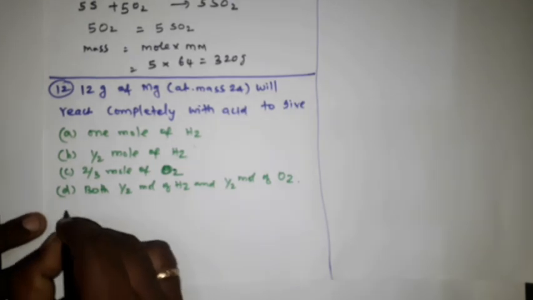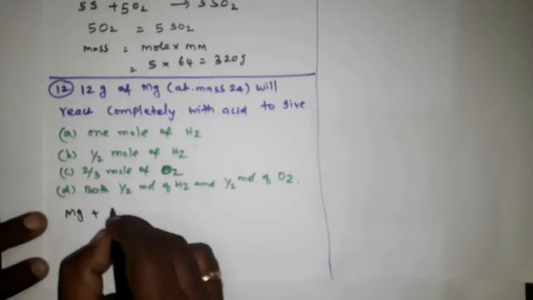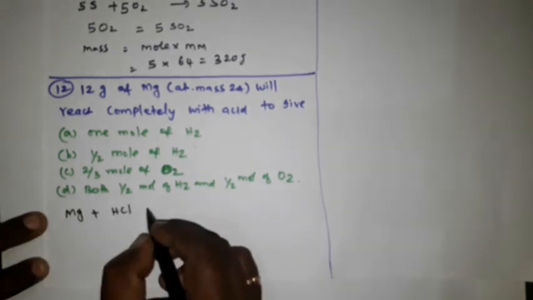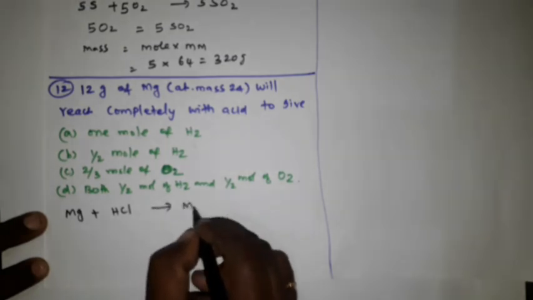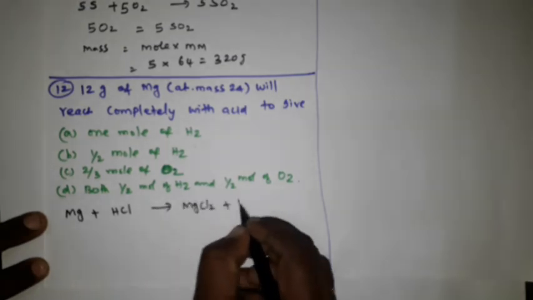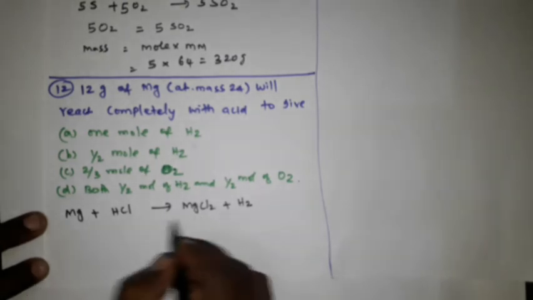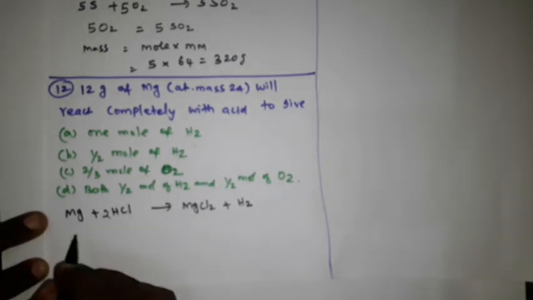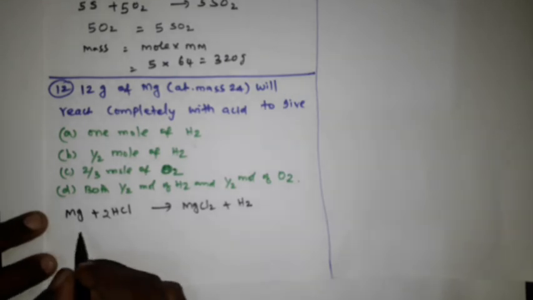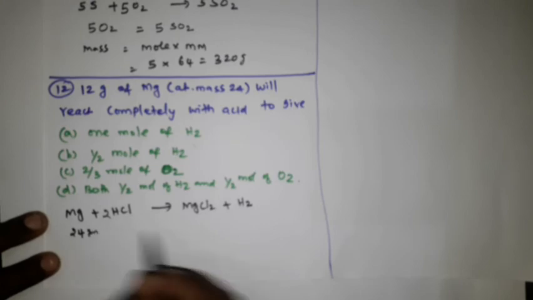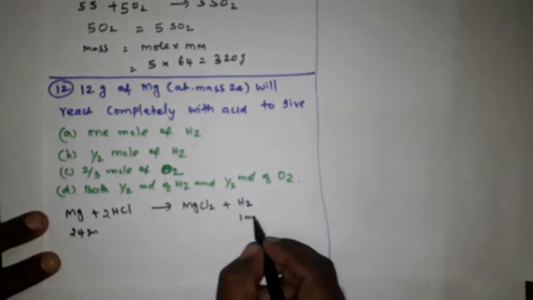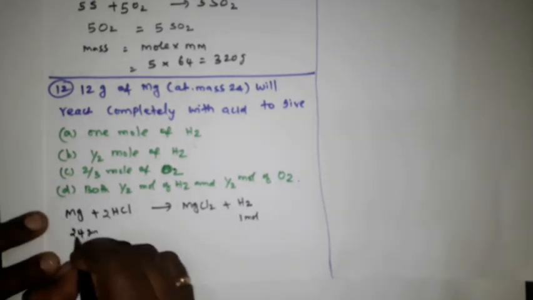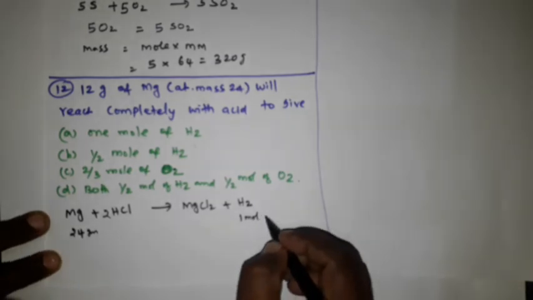So write the equation: magnesium reacting with an acid, that is HCl, will produce MgCl2 plus H2. Now balance the equation, put 2 here. Now the equation is balanced. According to the question, 24 gram of magnesium, 1 mole, will produce 1 mole of H2.